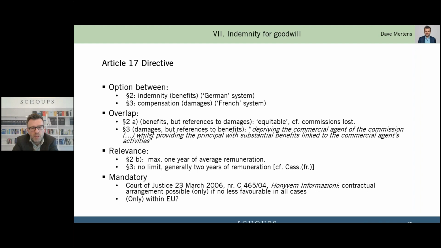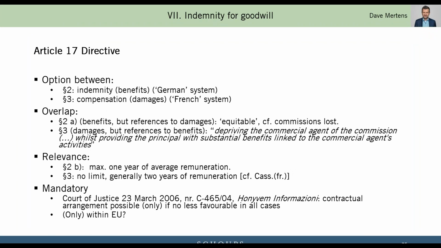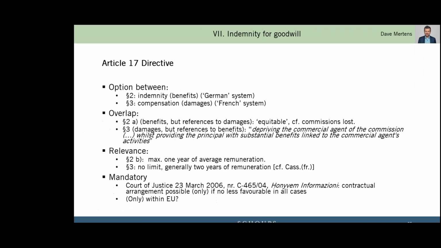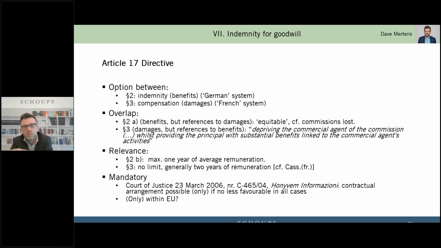If you look at the German system, it's the benefits, the advantages, but maximum 1 year average remuneration, calculated over the last 5 years, whereas under the French system, the French Cour de Cassation has accepted that as a rule, there are exceptions, but as a rule, the agent may claim 2 years of remuneration, average remuneration over the last year, which is obviously a lot more than 1 year, about double.